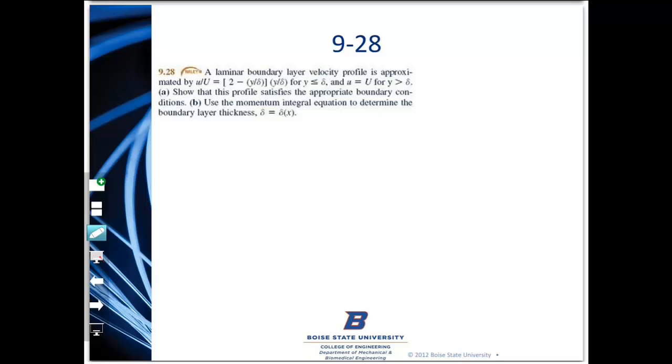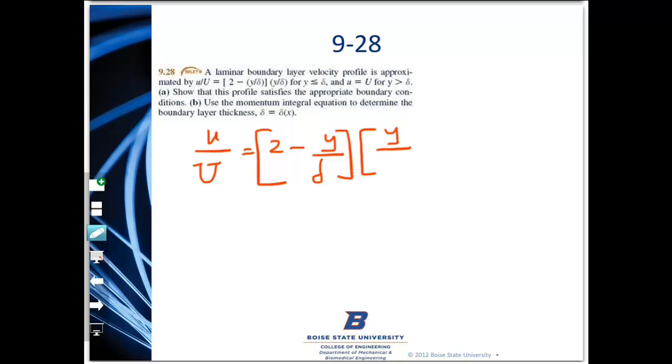So we know that u over U is 2 minus y over delta times y over delta for y less than or equal to delta, and u is the free stream velocity U for y greater than the boundary layer thickness.